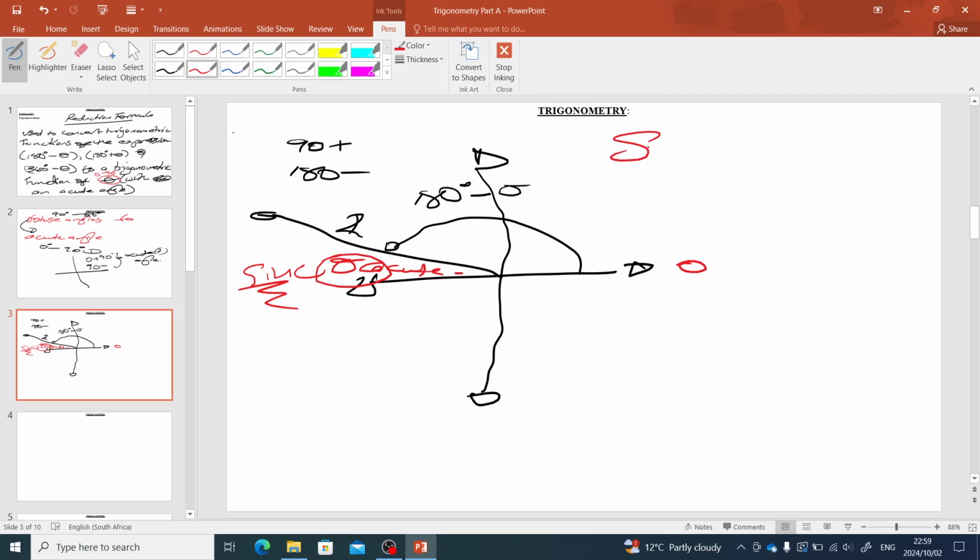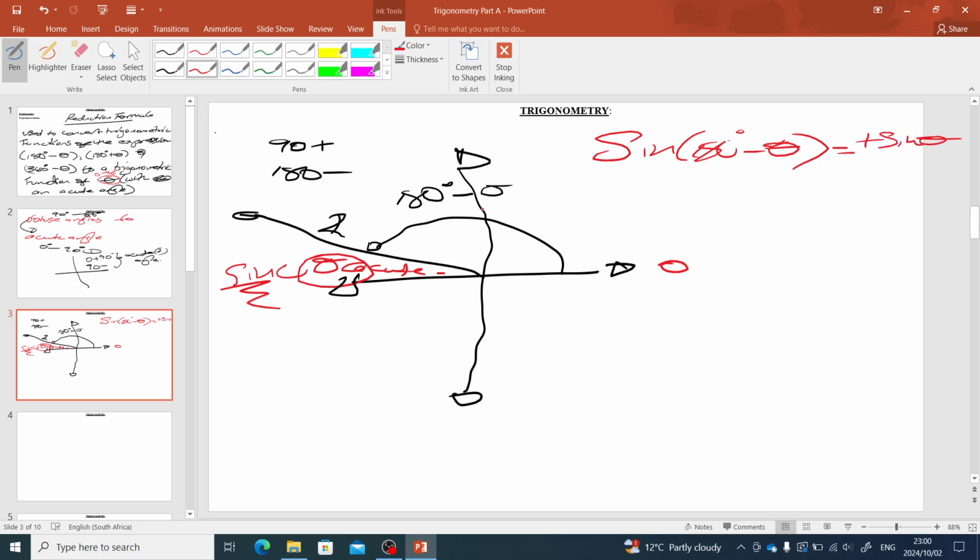For instance, if we are given sine of 180 degrees minus theta, then we know that our sine theta has to be positive. But if we are dealing with the trigonometrical function cos, we are having cos of 180 degrees minus theta. But we know that cos here is negative.